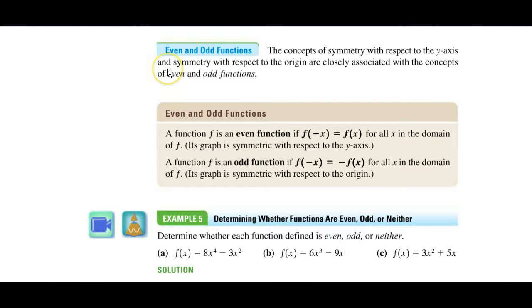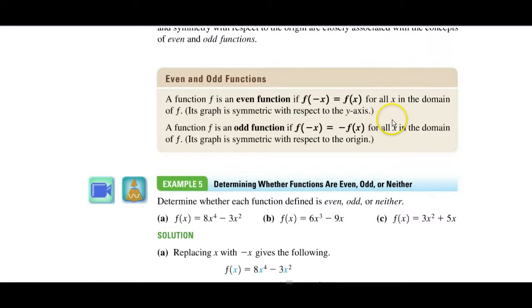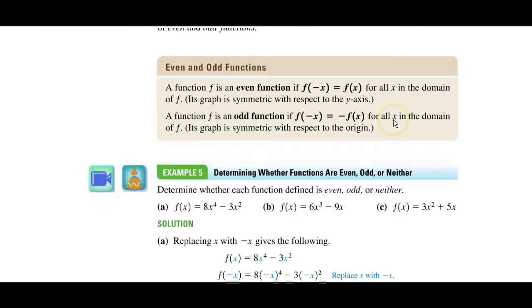In this next one, they go over even and odd functions. And to make a long story short, after going through all of this, they give you a shortcut. If your exponents on the variable are even, then this is going to be an even function.